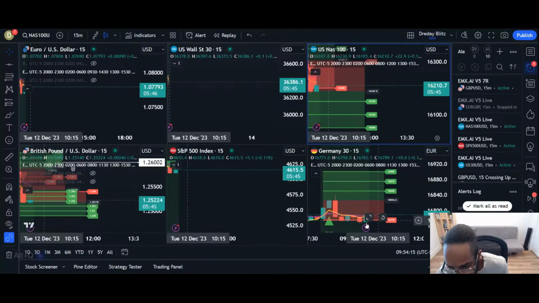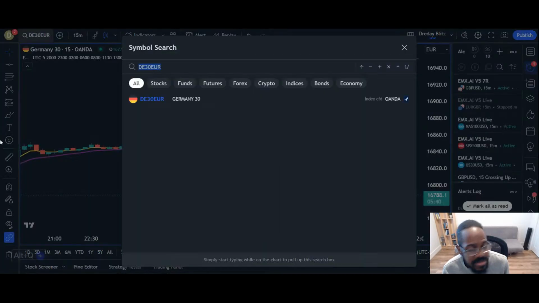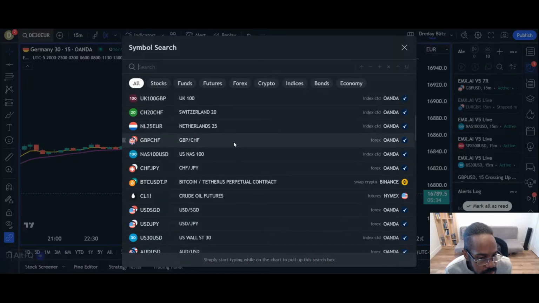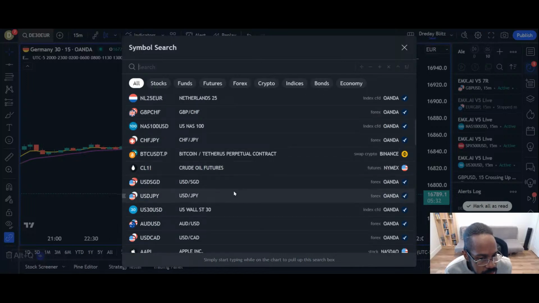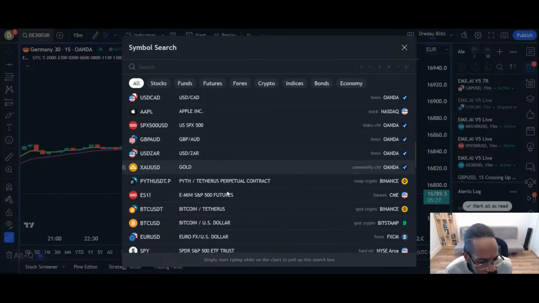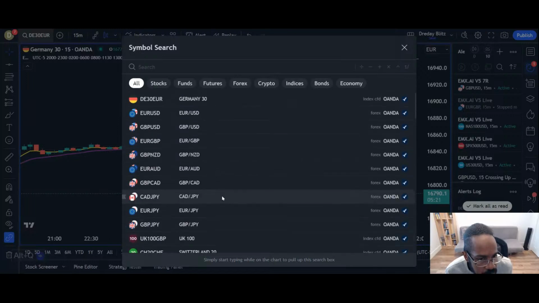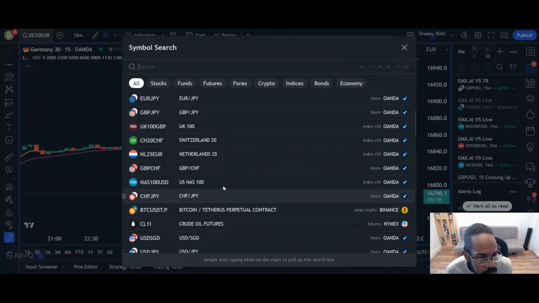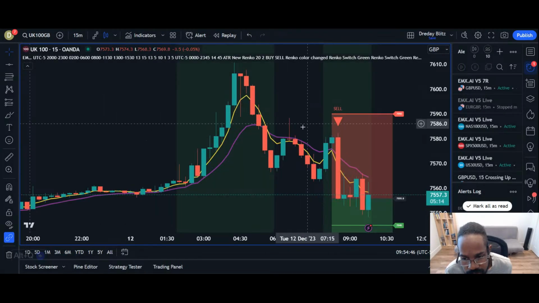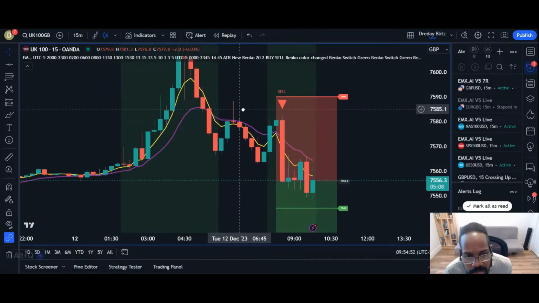Are you trading UK 100? Let's look at UK 100. I know I had it. So it's the UK 100. There was a sell here.